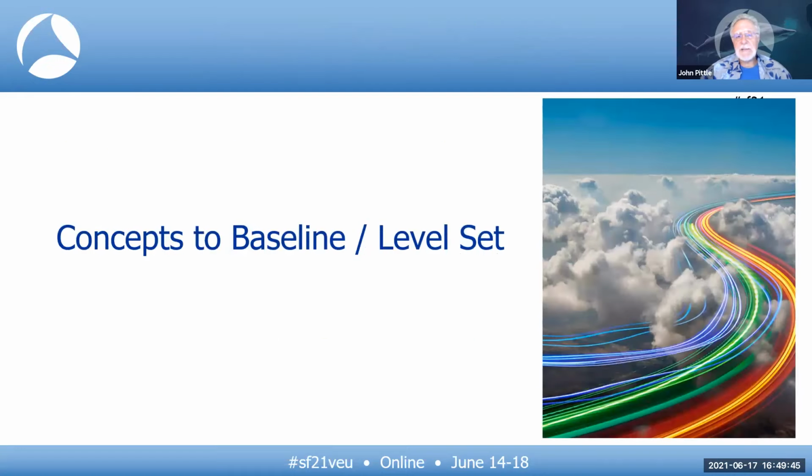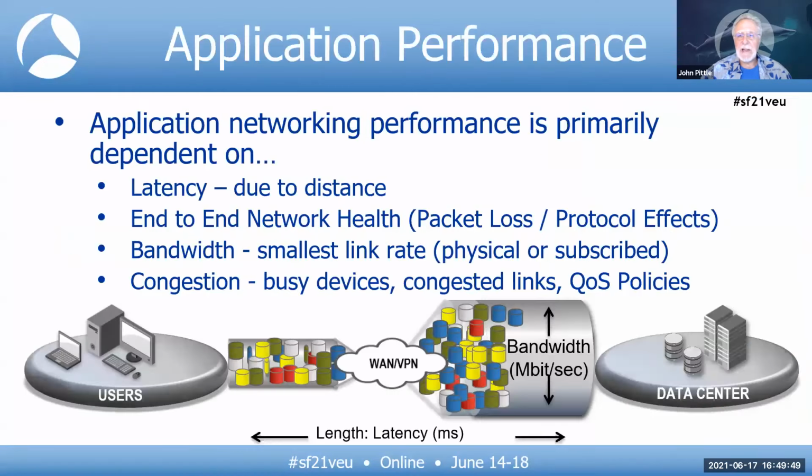Let's look at some concepts to level set some terminology and do some baselining. As anyone who's done any performance analysis knows, application performance is heavily reliant on network performance, particularly around latency, end-to-end network health, bandwidth, congestion.